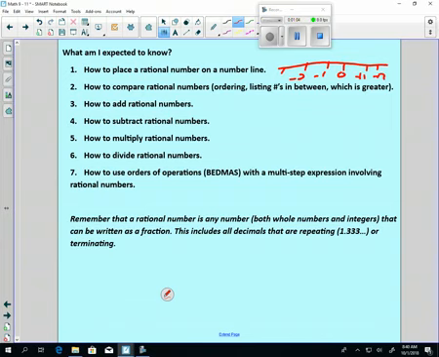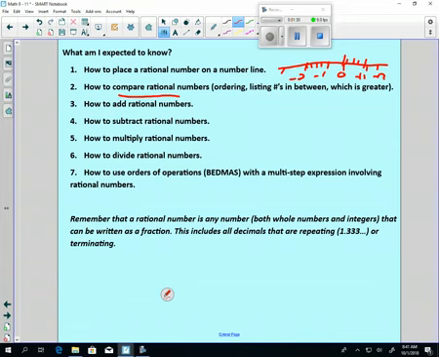And depending on how many fractions are in between, if there's 9 fractions, then it's going to be in tenths. If there's 4 fractions, then it'll be in fourths. So we have to determine how many parts between 0 and 1. It could be 2 parts, or 4 parts, or 8 parts, or 10 parts, or it could be quarters or eighths.